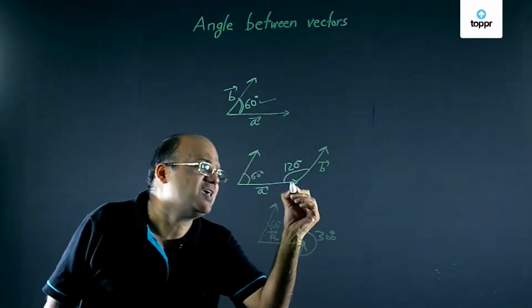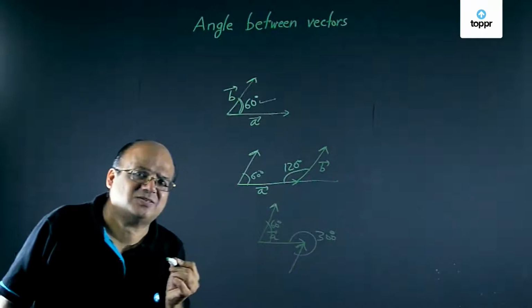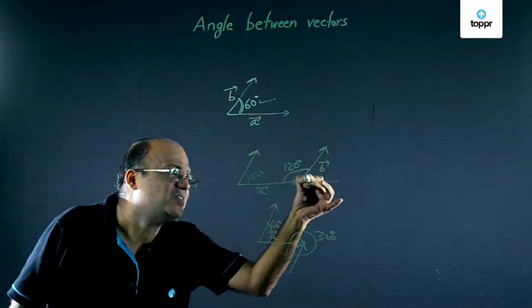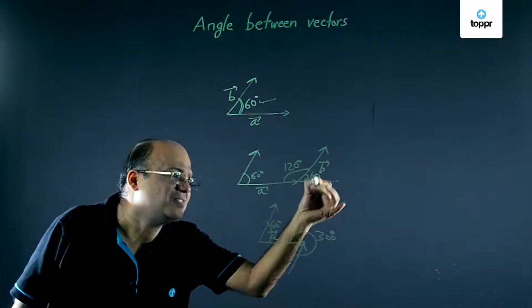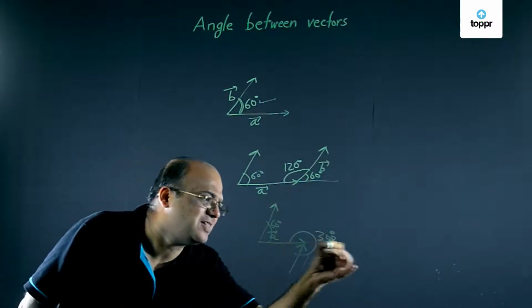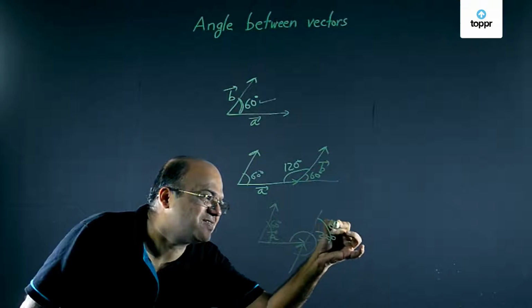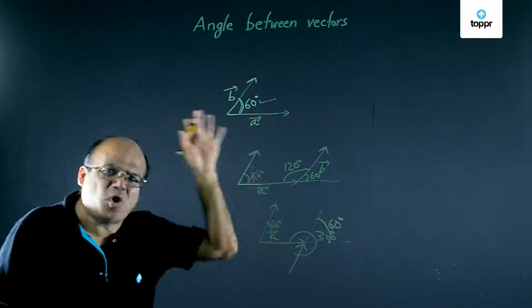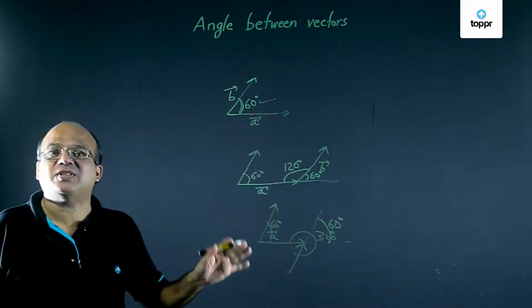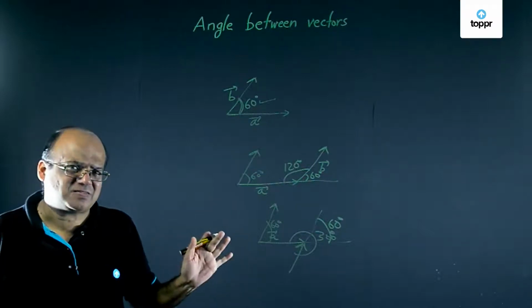Same way, here A vector is in that direction and B vector is in this direction. Angle is 60 degrees. Here A is like this, B is like this, and the angle again is 60 degrees. So in all cases, the angle between the two vectors is 60 degrees.